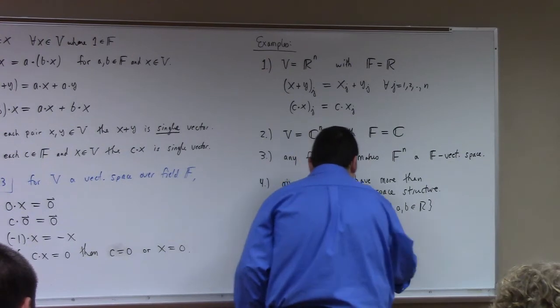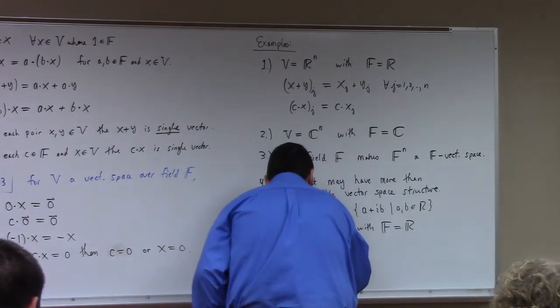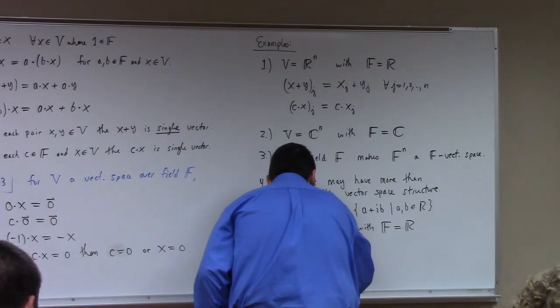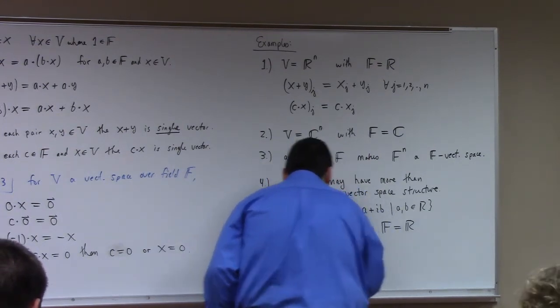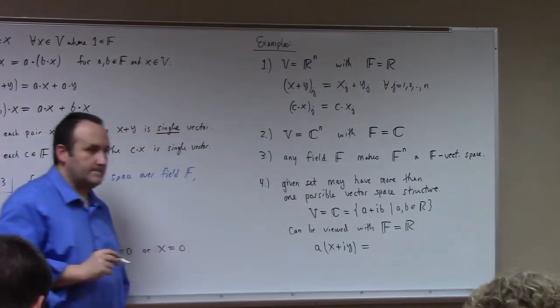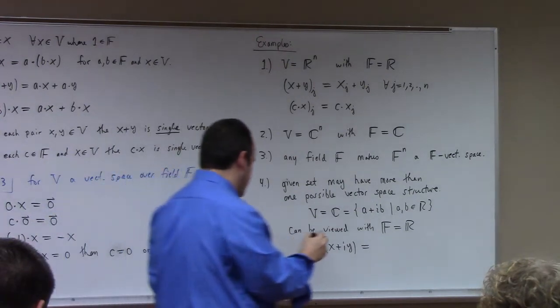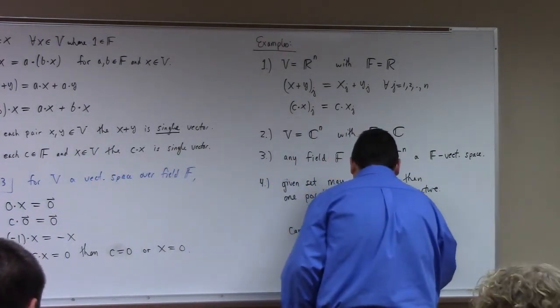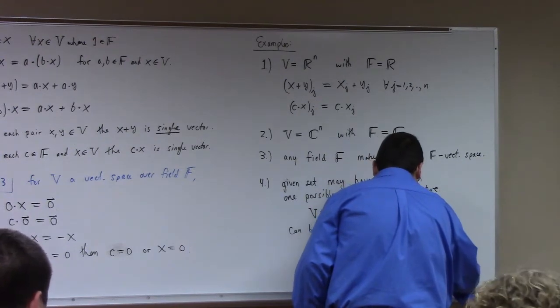We can look at the field of scalars as being the reals. Because if I take a real constant a times x plus iy, what do I get? ax plus iay, which is, again, a complex number.